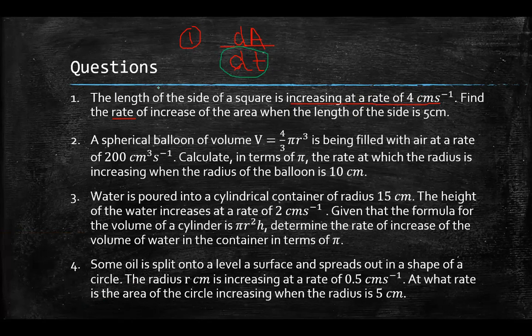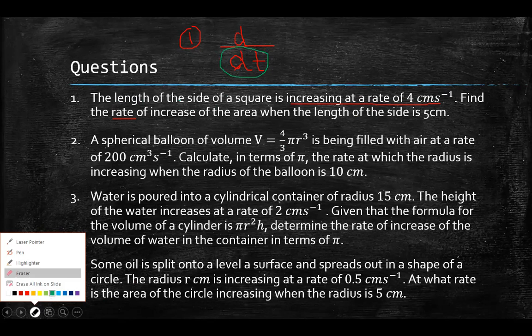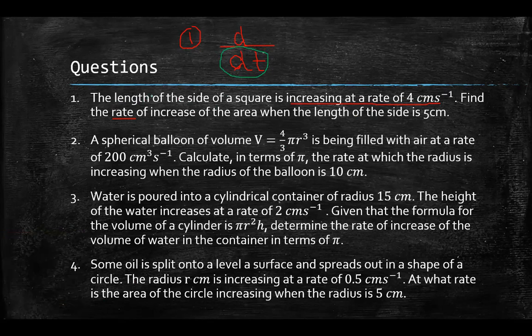Because they tell me the length of the side of the square is increasing at a rate of 4 centimeters per second, they said length is increasing at a rate of whatever. All you do here, let me say I want to represent the length as L, it's dL on dt. So it's whatever quantity they want you to find the rate of, it's on the top.